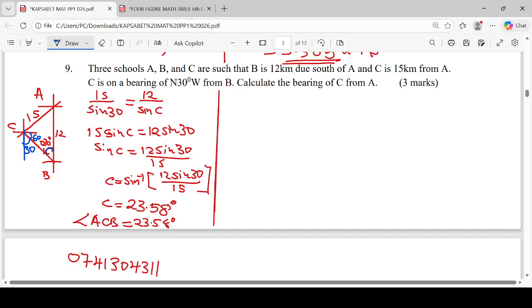Because this angle here is 30, if this is 30, then this should be 30. But ACB should be 23. Then it means simply that I'm trying to see another simple approach that we can apply to this question.